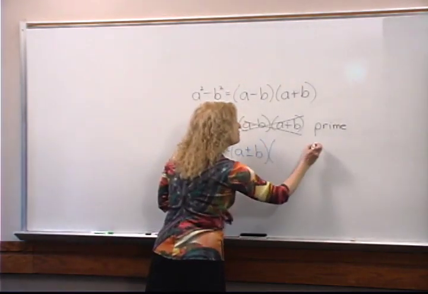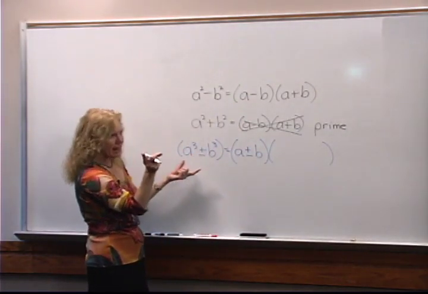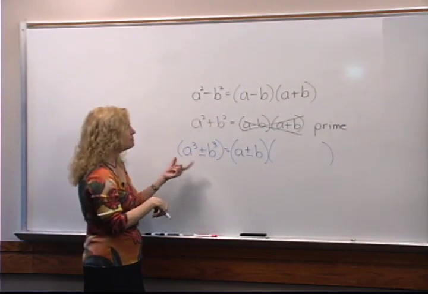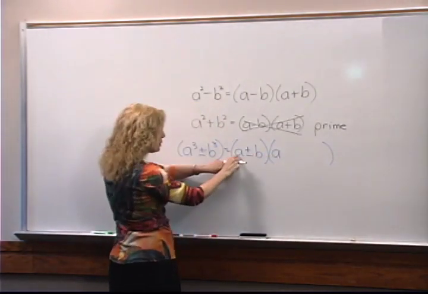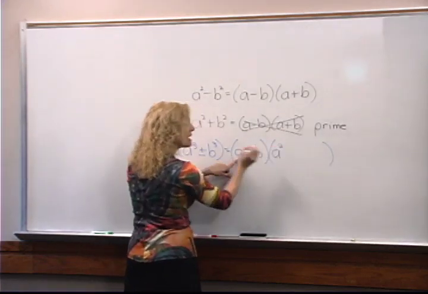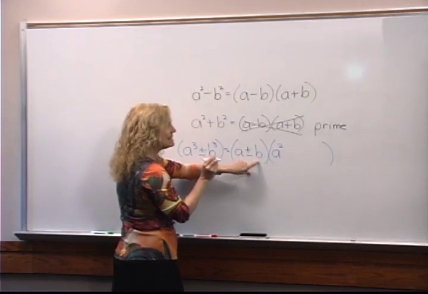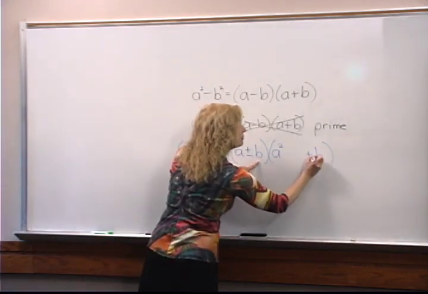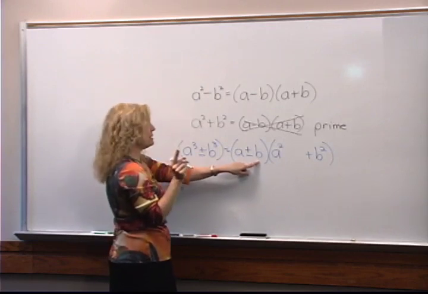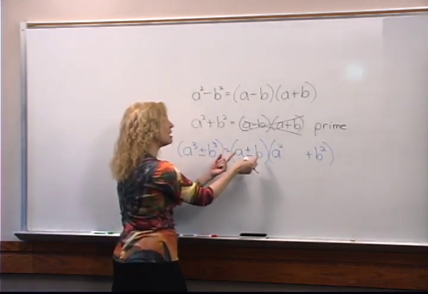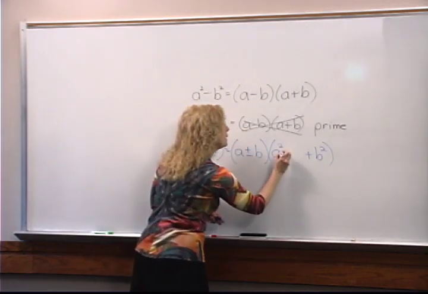Now, the other factor, in order to get all the way up to this third power, and I've seen it happen back there where I multiplied, I've got 3 terms. And the first term is this one squared. The third term is this one squared. And the middle term is the product of these two with the sign changed.